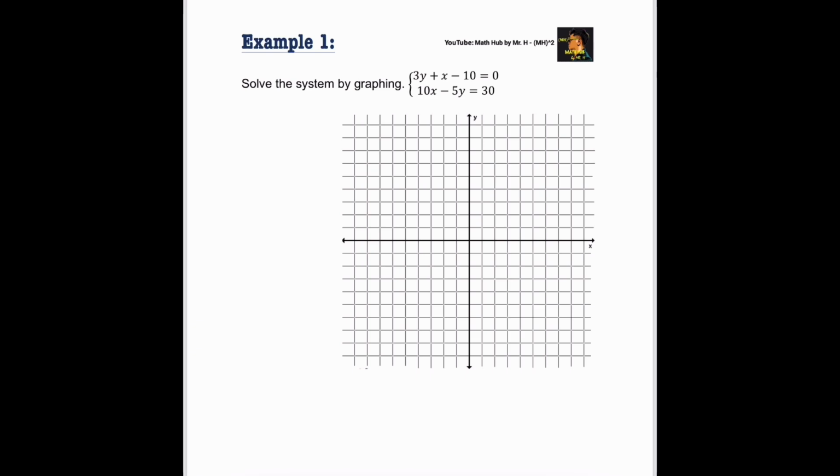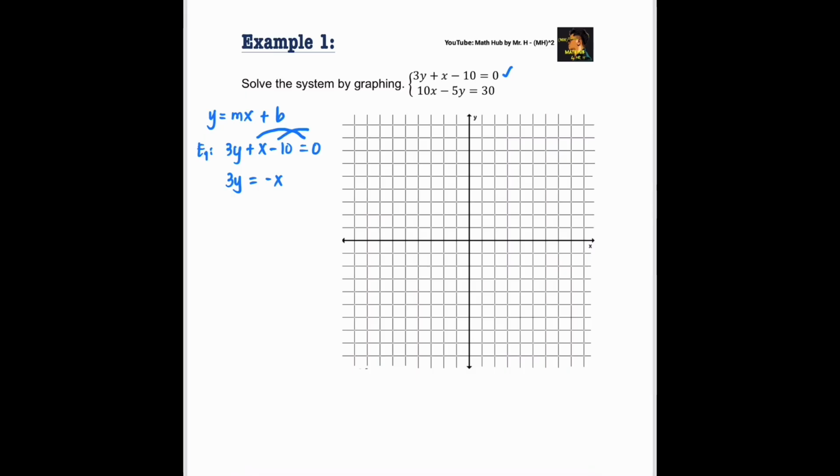So we're going to graph the first equation first: 3y plus x minus 10 equals 0. The first thing that we need to do is rewrite this equation in slope-intercept form, y equals mx plus b. So 3y is already on the left-hand side, so we just copy. Positive x moves to the right-hand side, so from positive it will become negative.